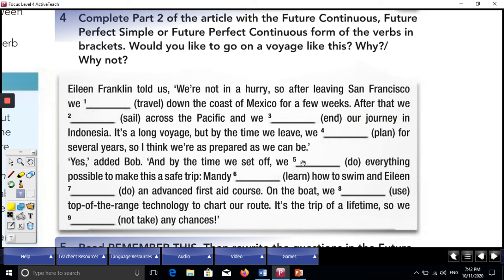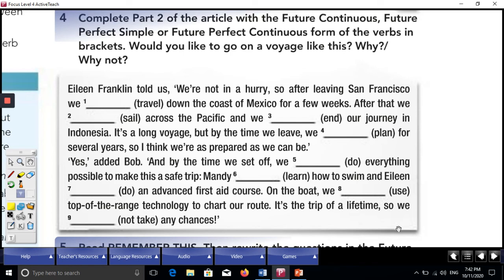Mandy will have learned how to swim, and Alien will have done an advanced first aid course. On the boat, we will be using top-of-the-range technology to chart our route. It's the trip of a lifetime, so we won't be taking any chances.